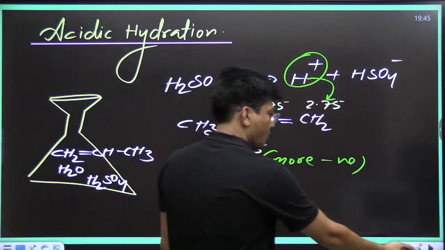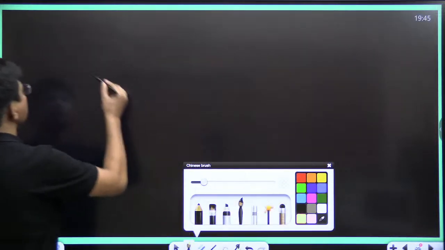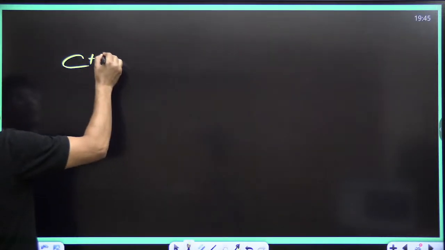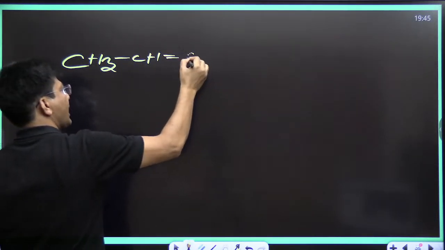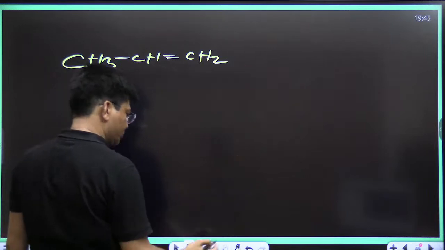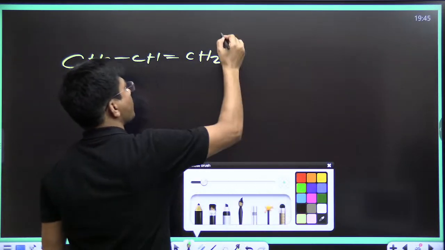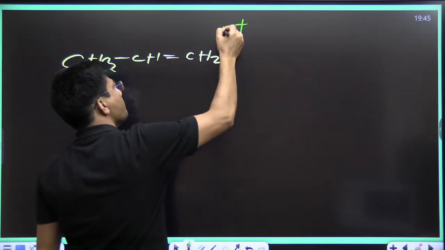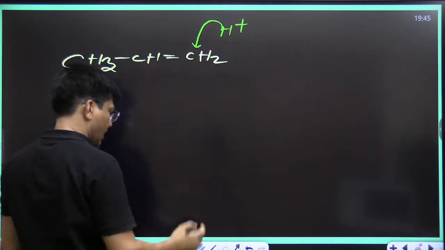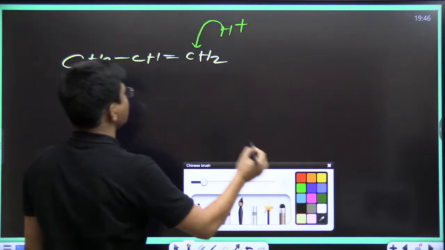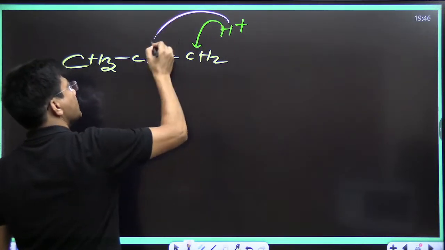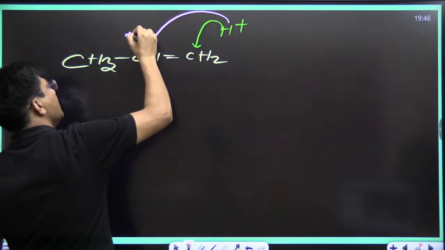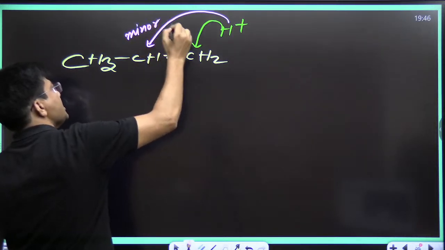Now this H plus will attack on this. Now let's see what is going to happen on another page. So this is your alkene, and on this alkene, what do you think? The H plus will attack on this carbon as major, and on the other carbon in less amount. But yes, H plus will definitely attack on both the carbons, one minor and the other major.